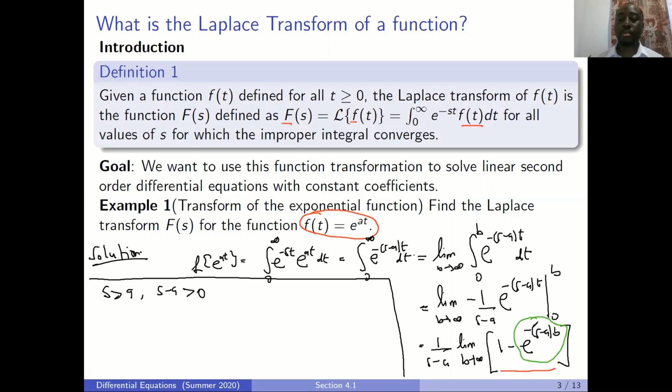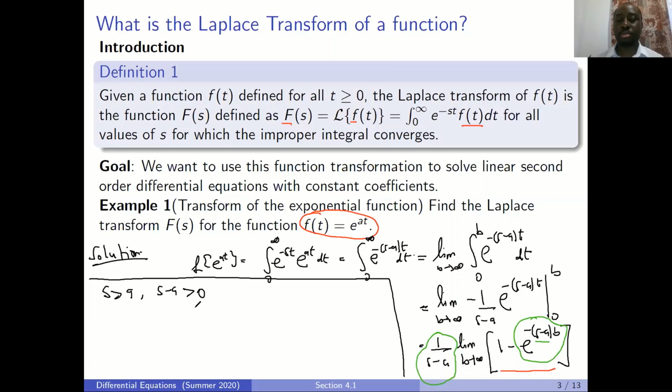Of course, if s is equal to a, then this is just 1, and the whole thing in brackets here is 0. But then, of course, if s is equal to a, this part here is not defined. And if s is less than a, then this is going to be negative here, which is going to take us into infinity.